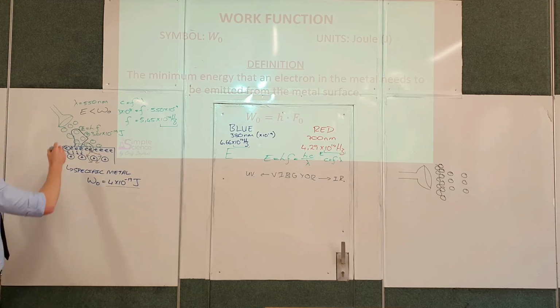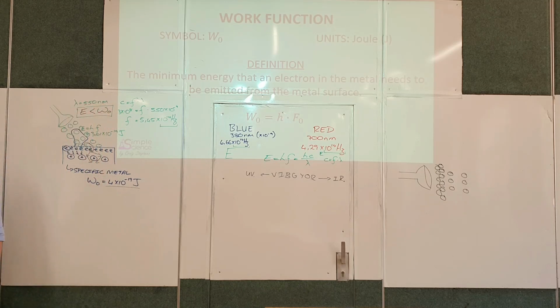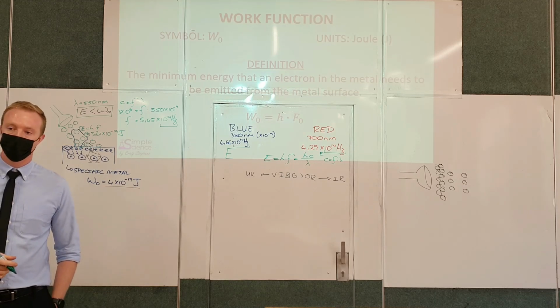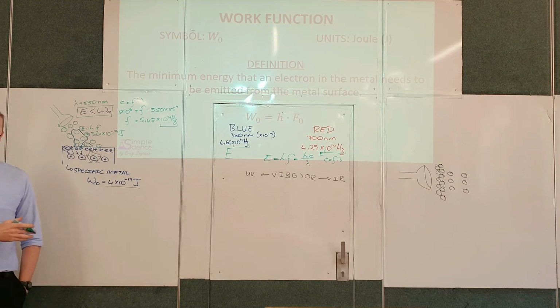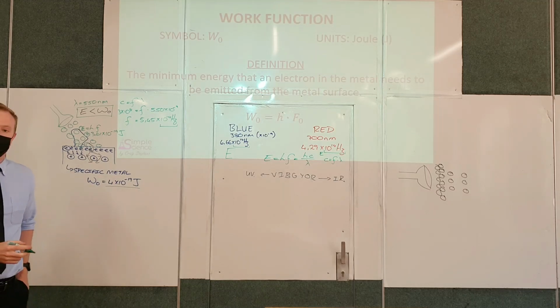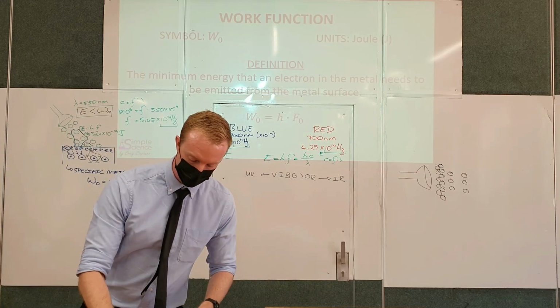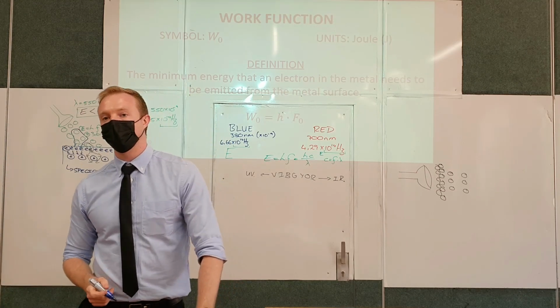For as long as your photon energy is less than your work function, nothing happens. It doesn't matter what you do to the intensity of that light. The only thing that you can do here is increase the frequency or increase the energy.